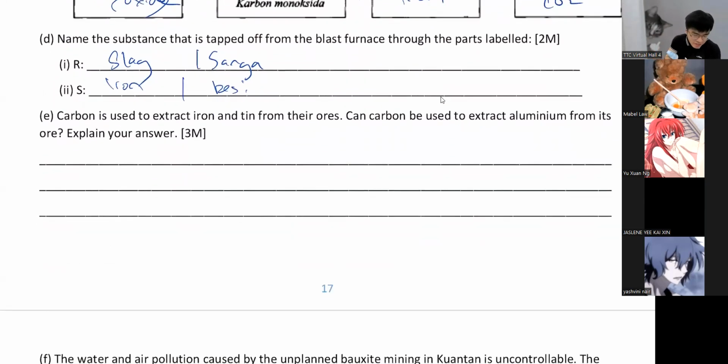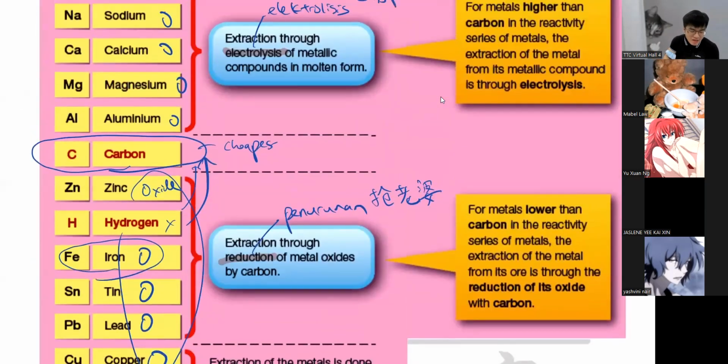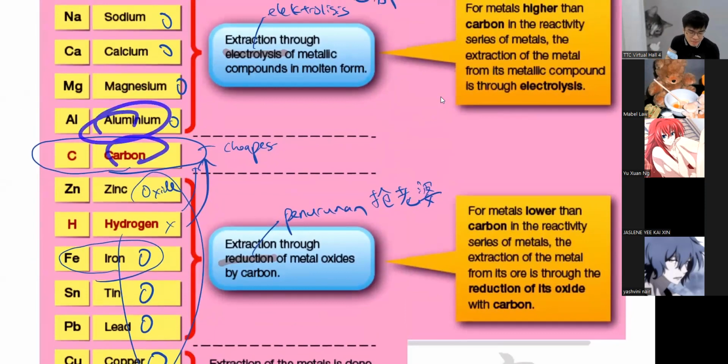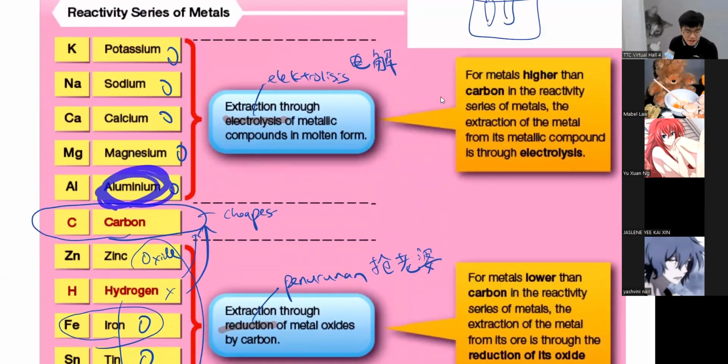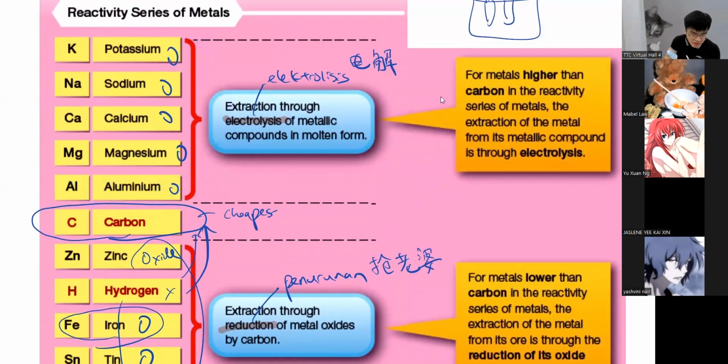All right, anyway, so E, carbon is used to extract iron and tin from the ore. Can carbon be used to extract aluminium? This one I mentioned so many times already. Aluminium is here. Can carbon take the wife away? No, because aluminium is too reactive. So these five reactive ones, you cannot use carbon.